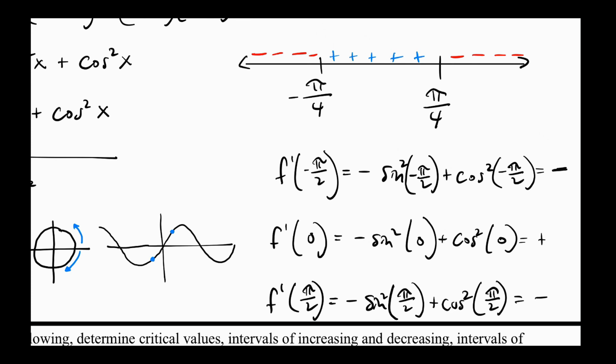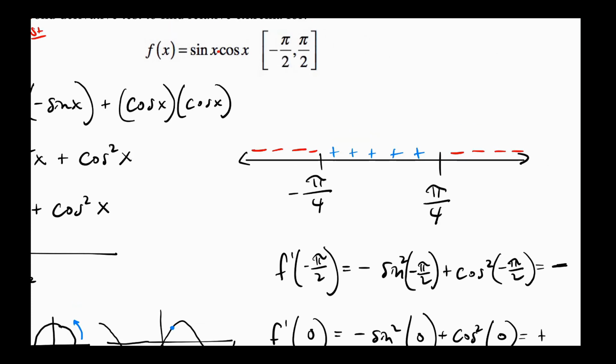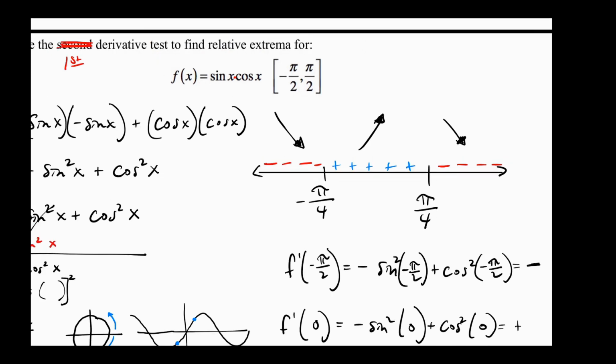All right. So knowing that, we know it's going to be decreasing before negative pi over 4. And then at negative pi over 4, it's going to change to increasing with a positive slope. And then after pi over 4, it's going to go back down to decreasing.